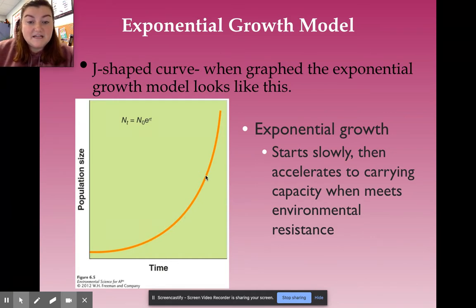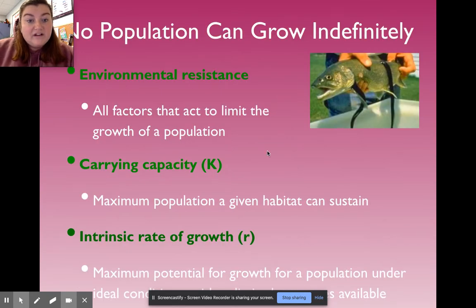It accelerates up to carrying capacity, which is when the population is meeting that environmental resistance, right? So we talked about that over here, environmental resistance and carrying capacity. Remember, carrying capacity is the max population size that any environment can support, and that is limited by things that fall into the category of environmental resistance, so any factors that act to limit the growth of a population.